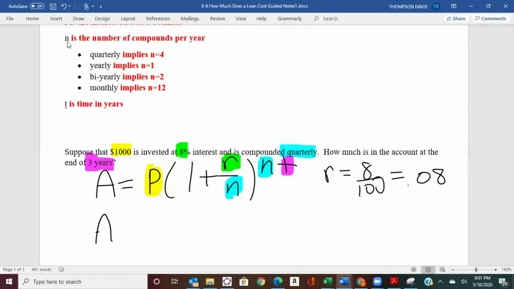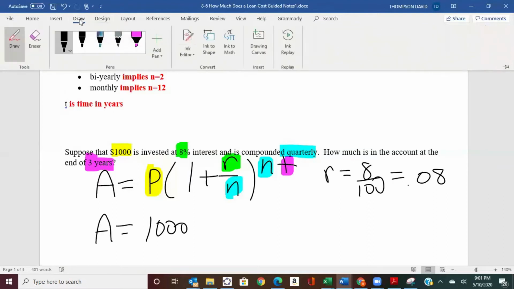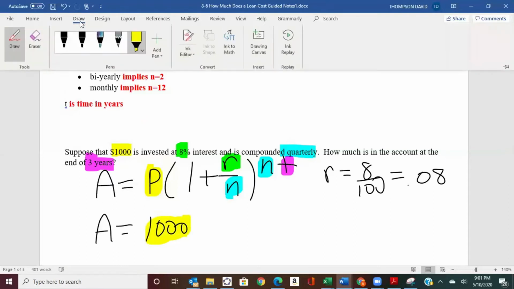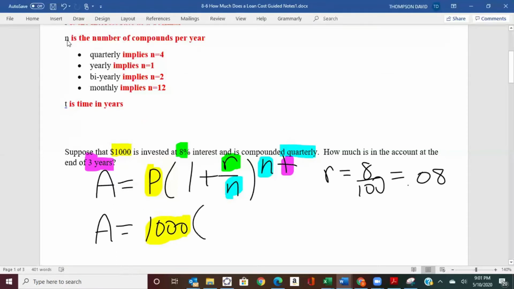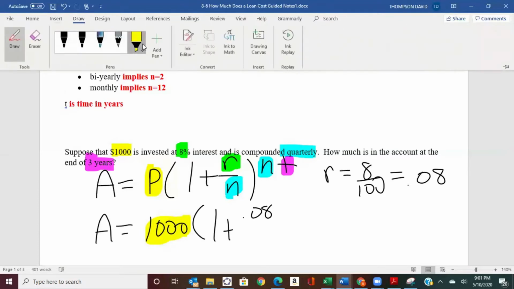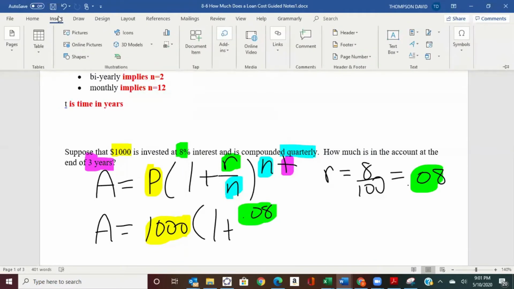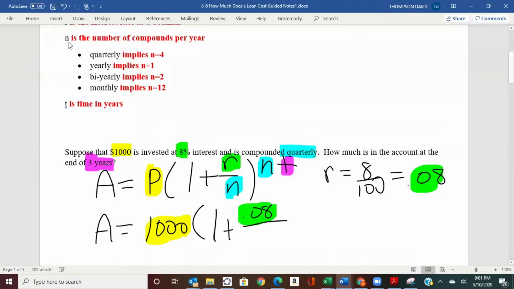So now we're going to say A equals 1,000, highlighted in yellow, times (1 plus 0.08, in green so you can see what goes where, all divided by quarterly, remember, implies 4, so 4) to the 4 times 3.